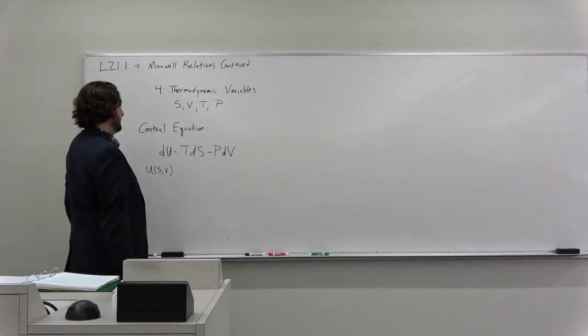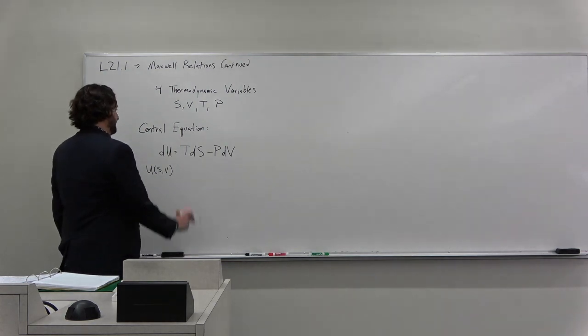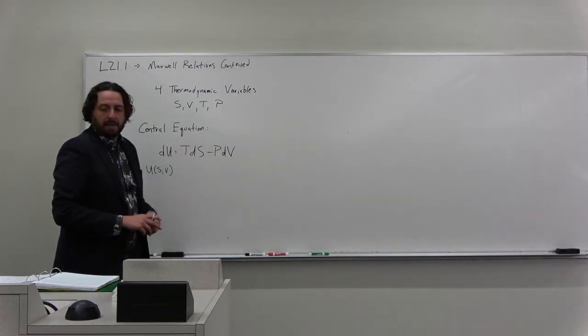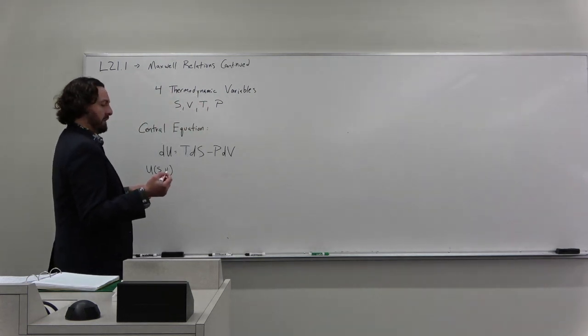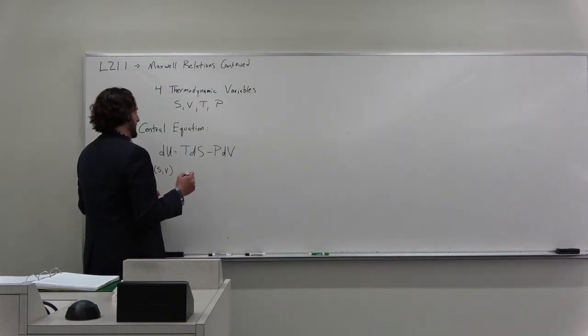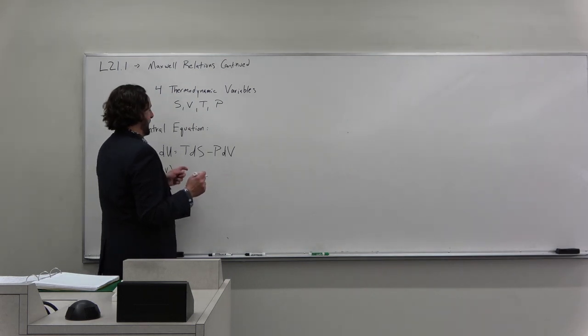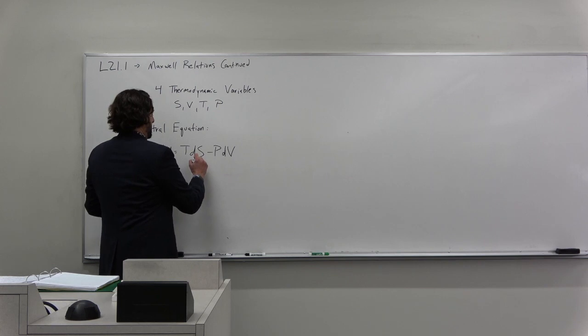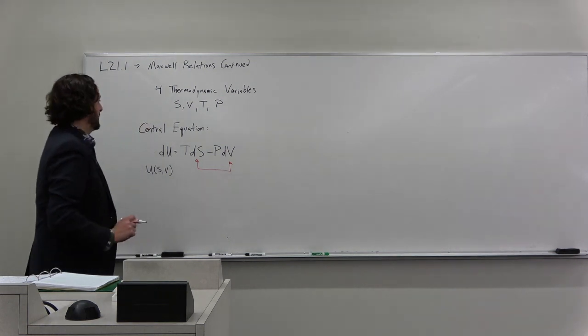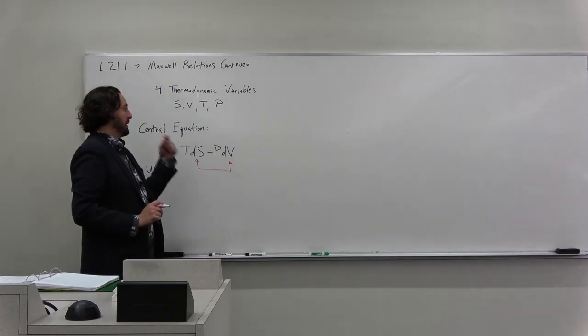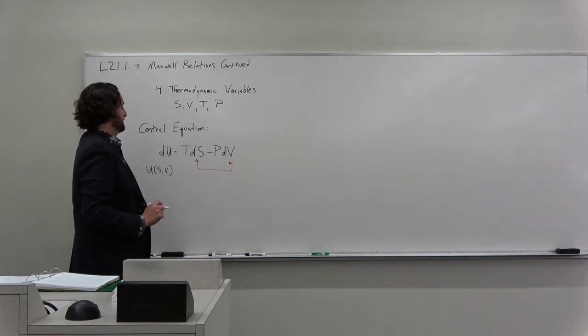Okay, so the other thing I want to point out is some relationships here. So first off, let's look at S and V. Are they intrinsic or extrinsic variables? Right.